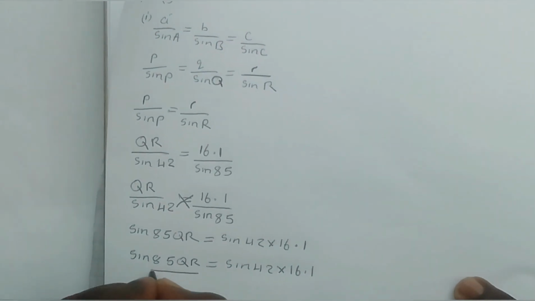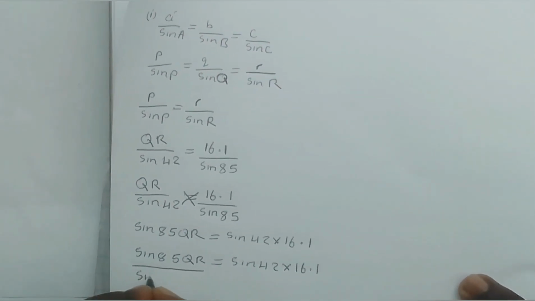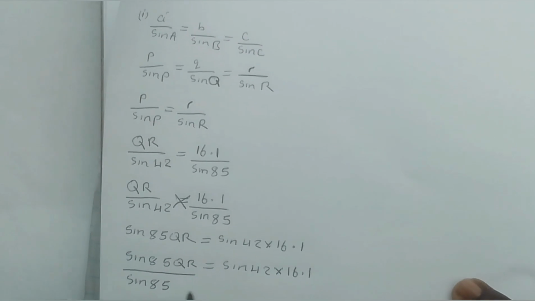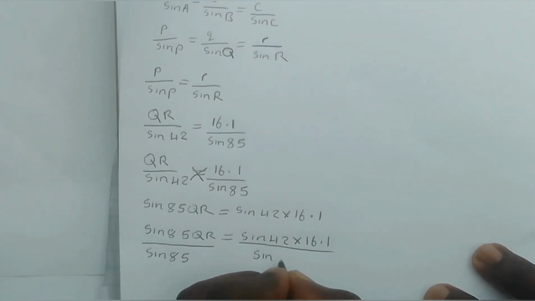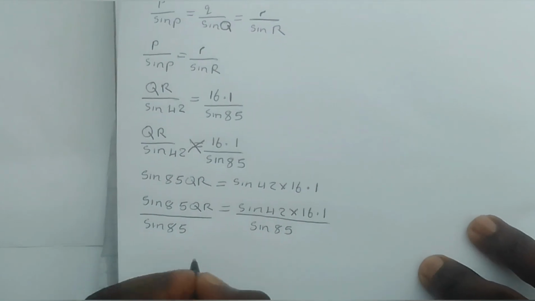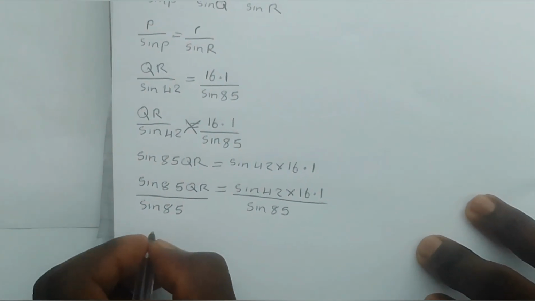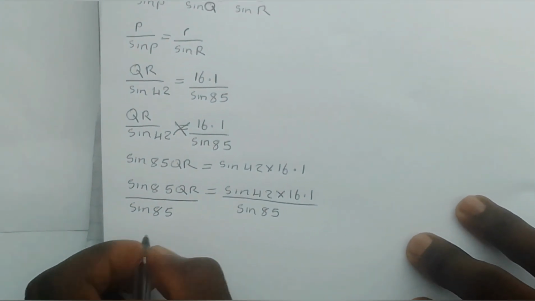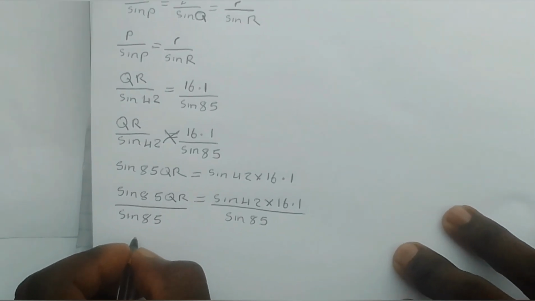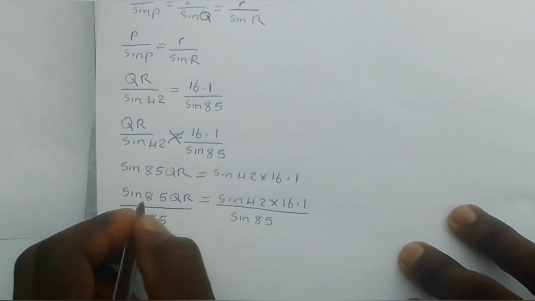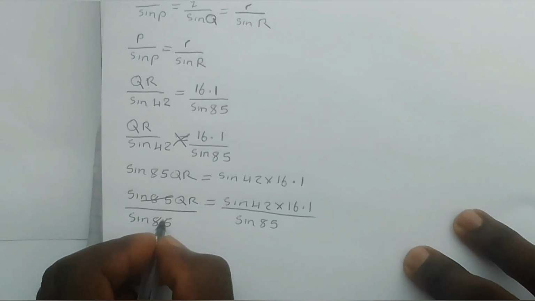Then divide both sides by sine 85, and you cancel those so that you just remain with QR. This is now the part where you use the calculator on the right side.